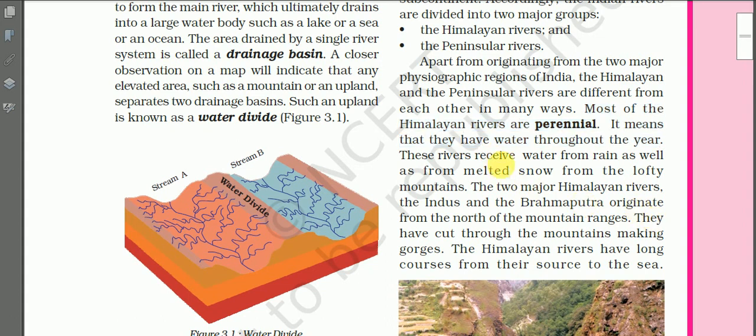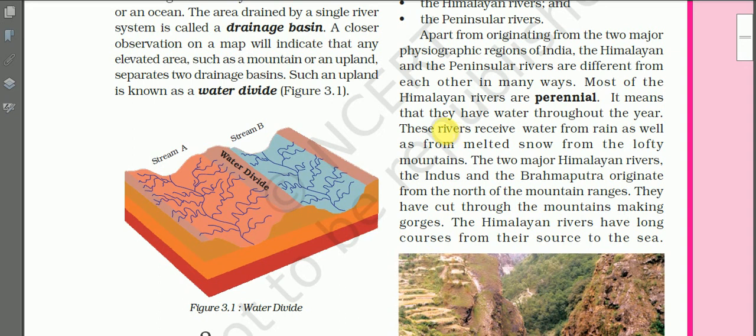Why do the Himalayan rivers have perennial flow? See, the Himalayan rivers receive water from rain as well as from melted snow from the lofty mountains. Because Himalayan rivers are fed by melting snow as well as rainfall. Okay.